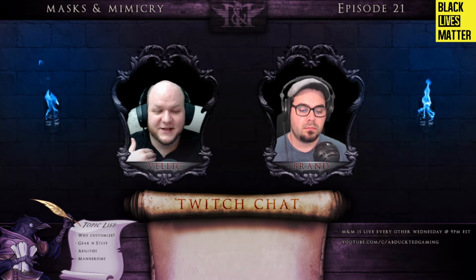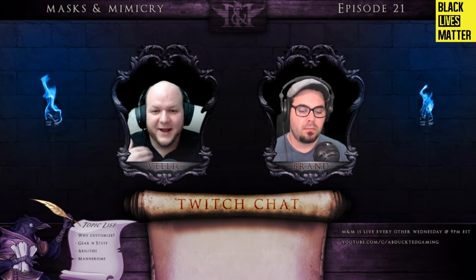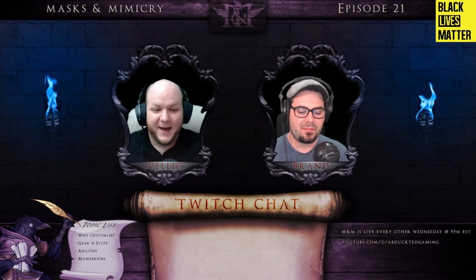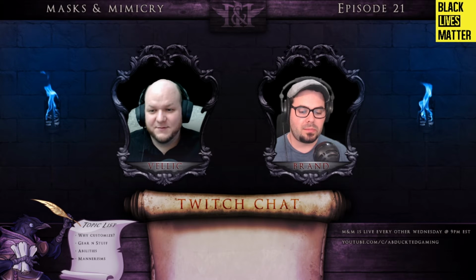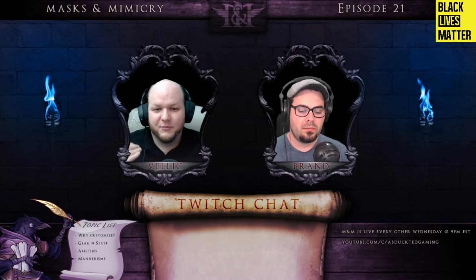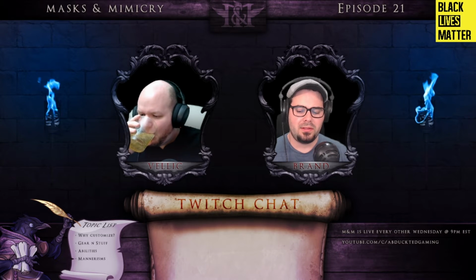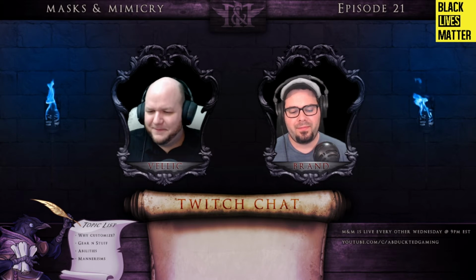I personally just think scale mail looks awesome, but it kind of sucks in D&D compared to breastplate. So what I would do as a DM is I would just let someone buy scale mail and pay the price for breastplate for it and just call it breastplate, but it looks like scale mail. Because why not? Yeah. It's improved scales, linked together scale mail. It's masterwork. Yeah, masterwork. That's why not. It's been treated heavy duty to be stealthier.